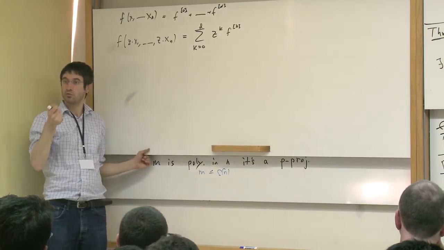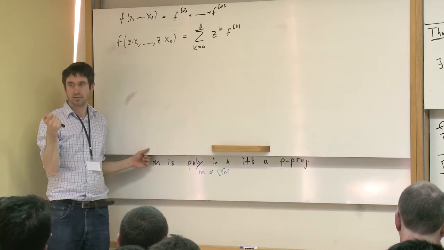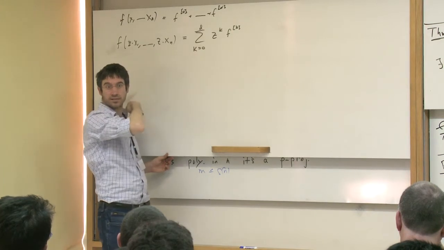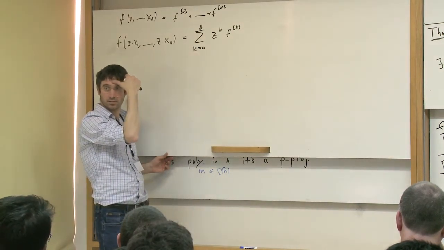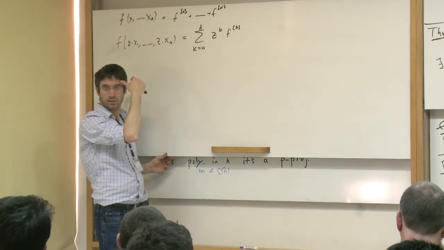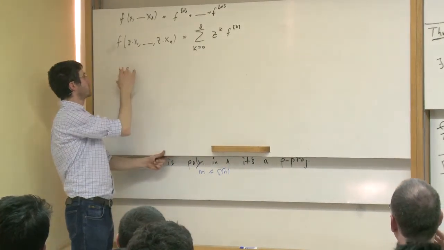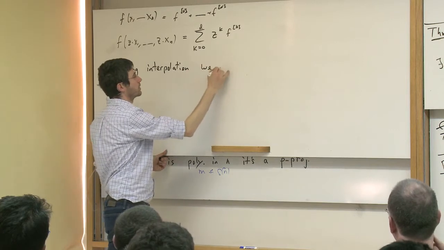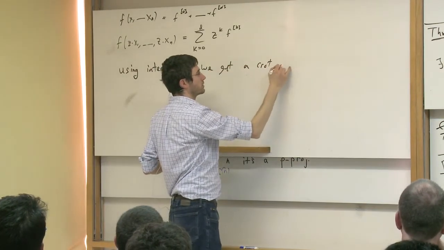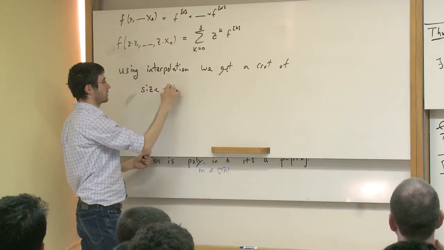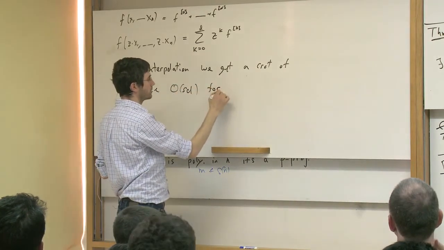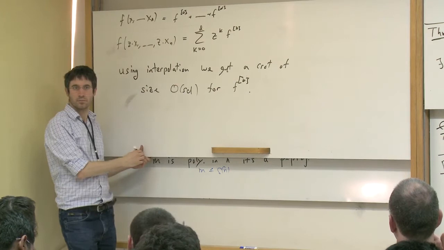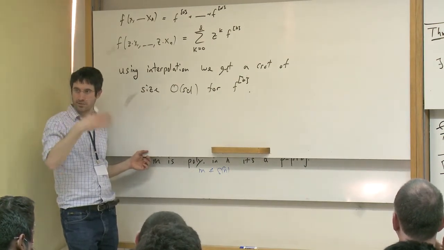If you just need to access the kth homogeneous component of f, you can do interpolation on the z variable, and then get a circuit of size s times d, rather than s times d squared, because you have to evaluate at d plus 1 points and then take a linear combination.